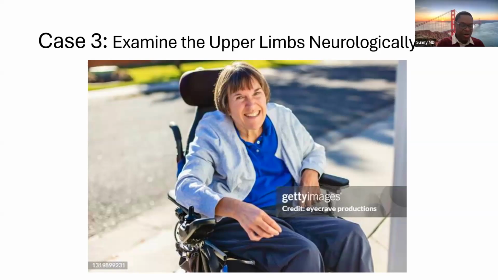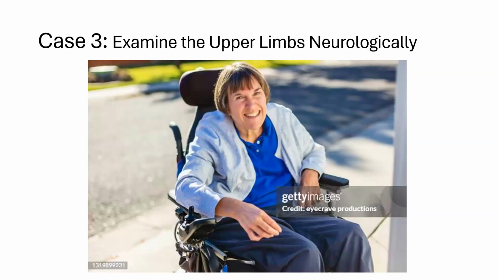There's no impairment. It's clumsy, but there's no impairment in coordination. And then I would like her to make a fist, squeeze it as hard as she can, and then open them as fast as she can. She can't do that, she's a bit clumsy as well.